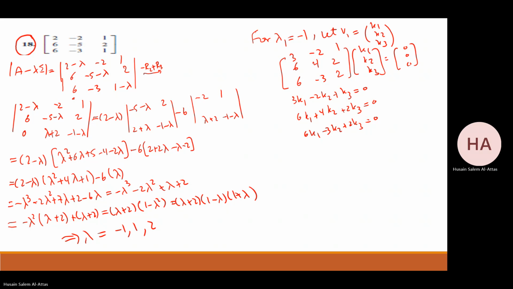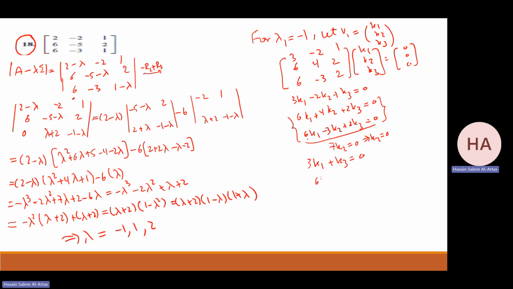Okay. I notice these two equations. If I subtract them, I get what? These two equations only. I have to get 7K2 equals 0. So K2 equals 0. Good. I get rid of this. So I have 3K1 plus K3 equals 0.